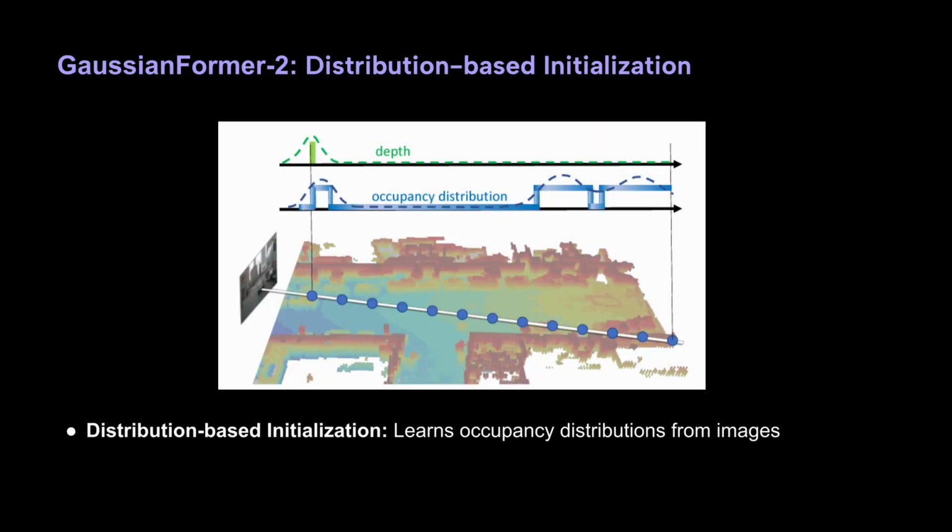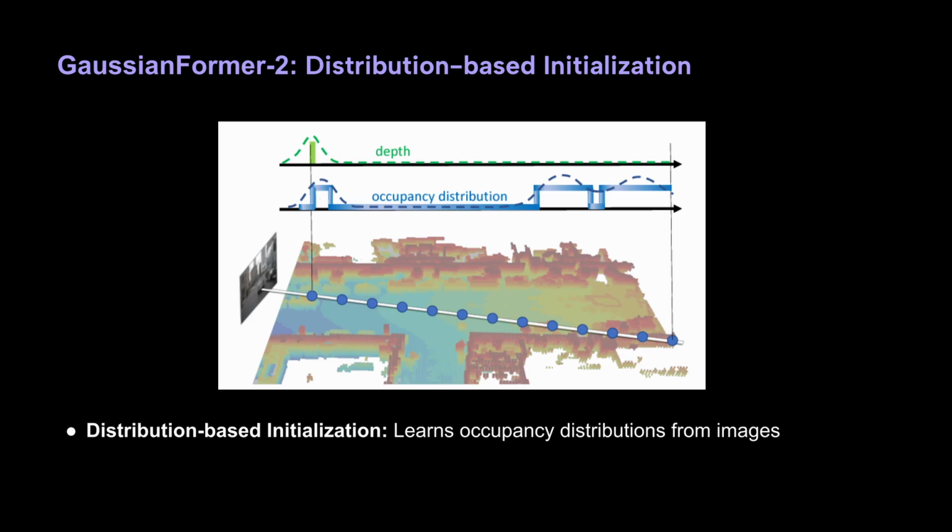In probabilistic formulation, Gaussians are supposed to model only occupied regions. Thus, it is important to initialize the Gaussians properly, instead of relying on random initialization or depth-based priors. GaussianFormer 2 learns pixel-aligned occupancy distributions directly from the training data.